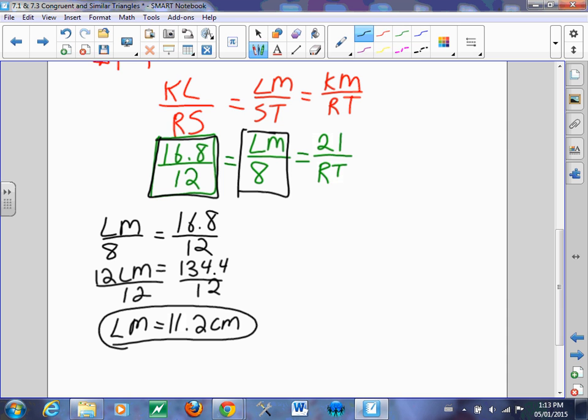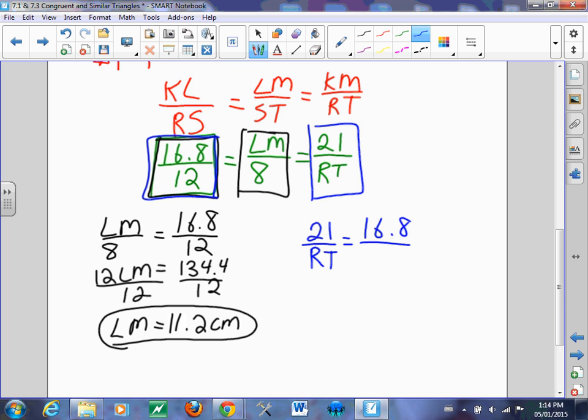Now we're going to find the other answer. So we're going to find RT by taking the ratio that has RT in it and comparing it to the one with the given values. Doesn't matter which one you put on the left side or which one you put on the right side. I'm just going to go 21 divided by RT equals 16.8 divided by 12.